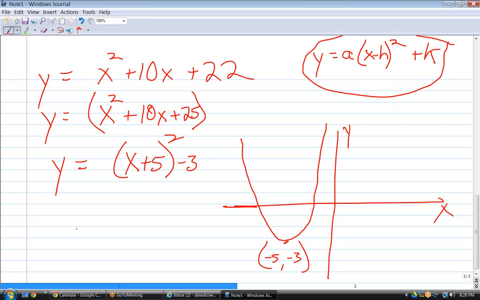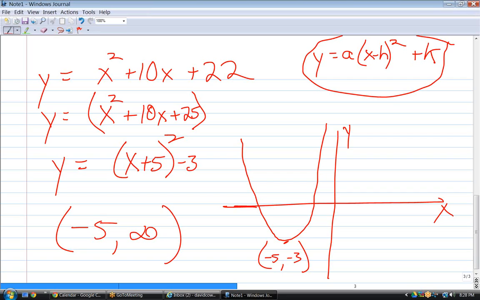Negative 5 to infinity? Yes, with parentheses around both. Why parentheses? Because at -5, it's perfectly flat.